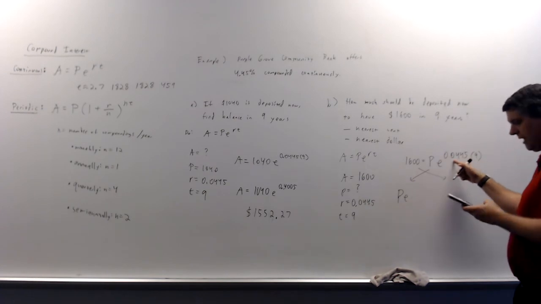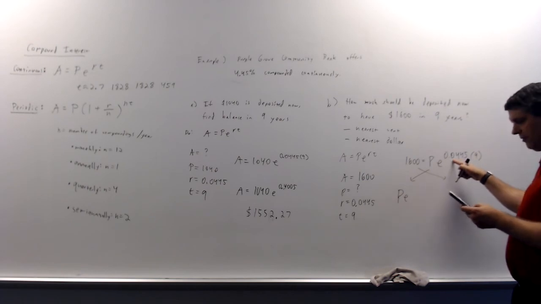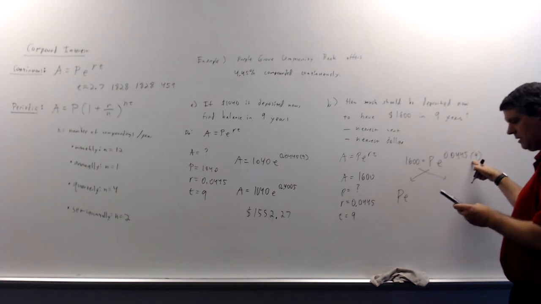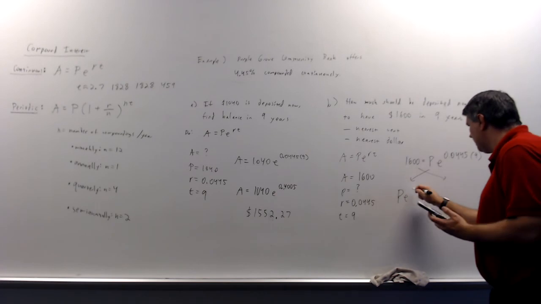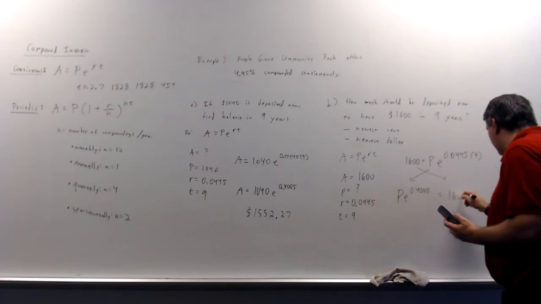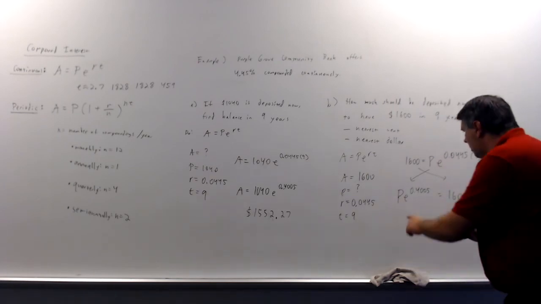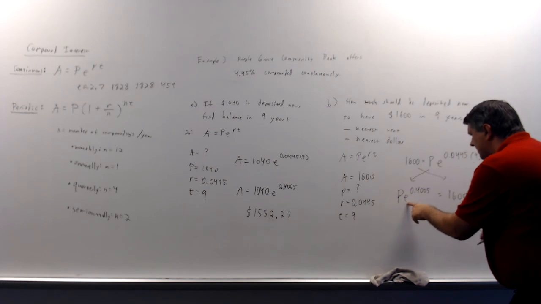So 0.0445 times 9 gives me 0.4005, and that equals 1600. Now, my goal is to undo, I got P times e to something.